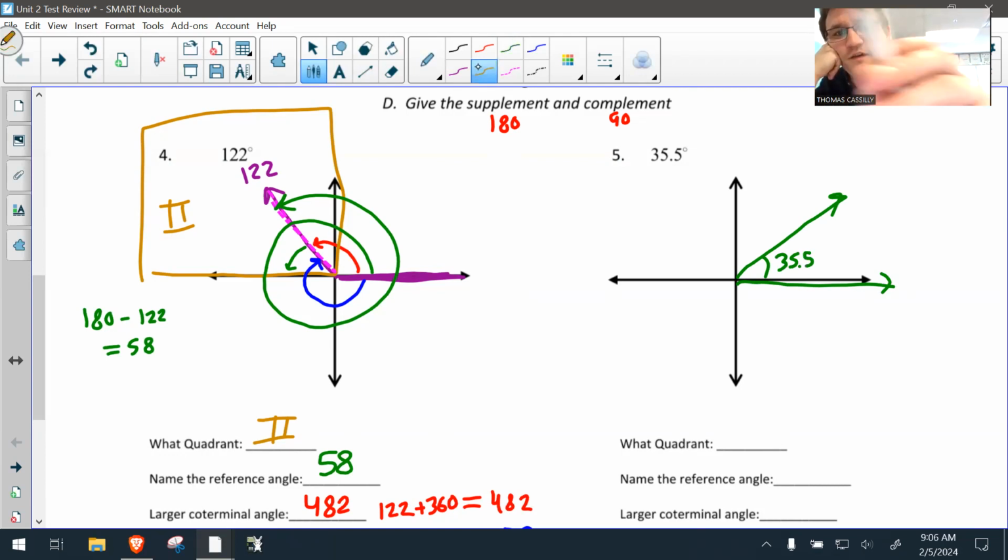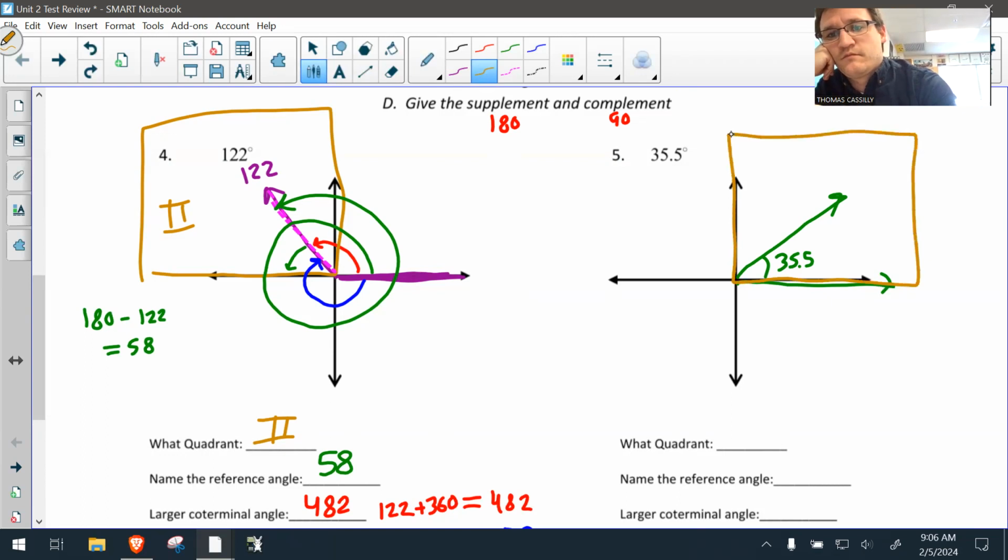This is in quadrant 1. The nice thing about anything in quadrant 1 is the angle itself is always going to be the same thing as the reference angle. So the reference angle here is 35.5, because we're just trying to get back to the closest x-axis, and the closest x-axis is just where we started.